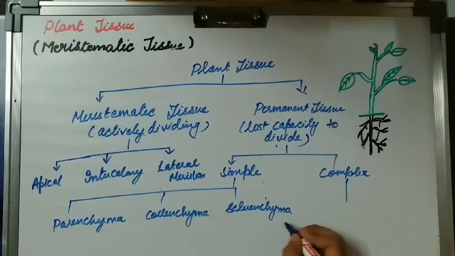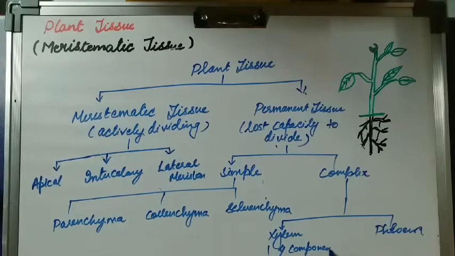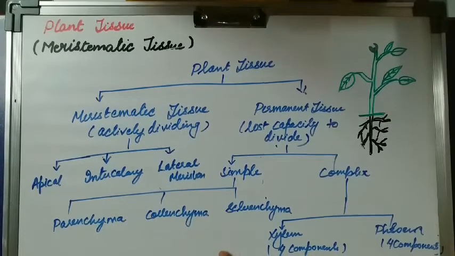And the complex tissue is further divided into two, that is your xylem and phloem. Okay, xylem has four components and phloem also has four components. So this is the flow diagram of your tissue.